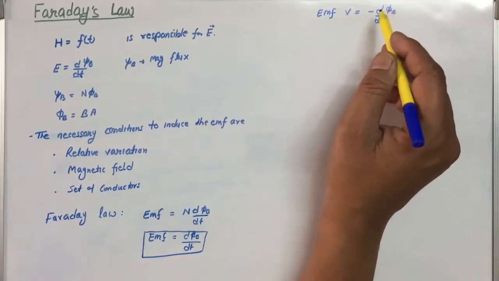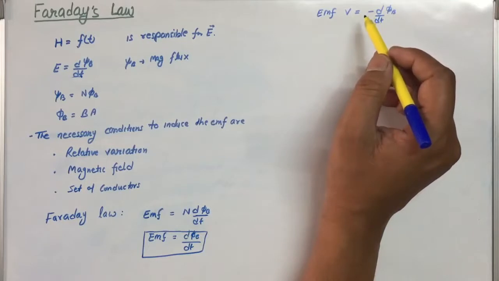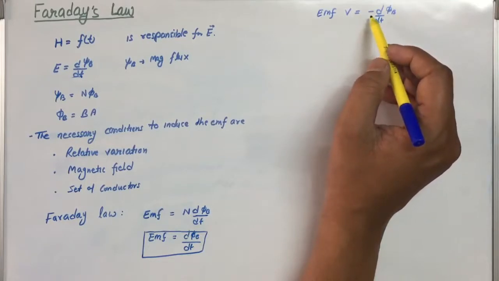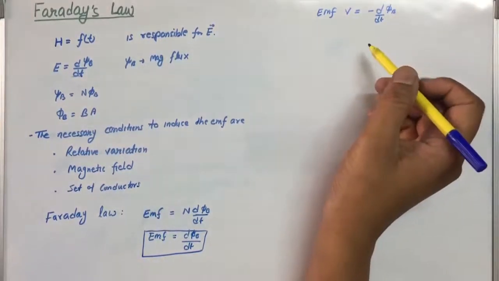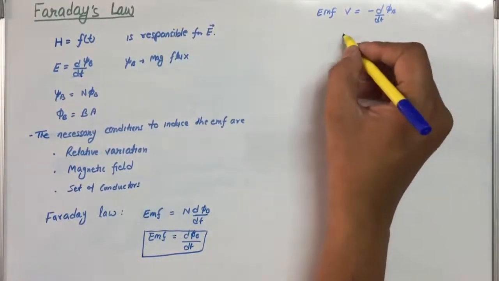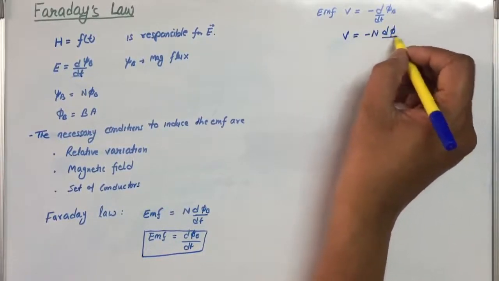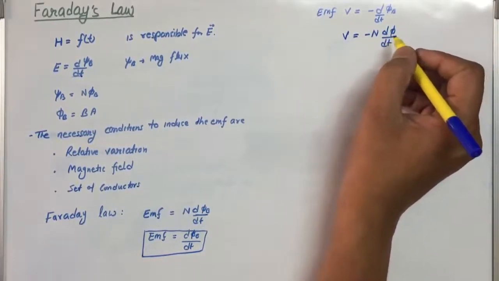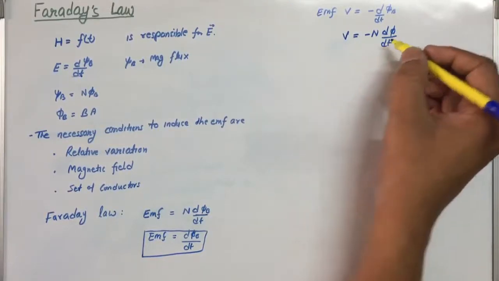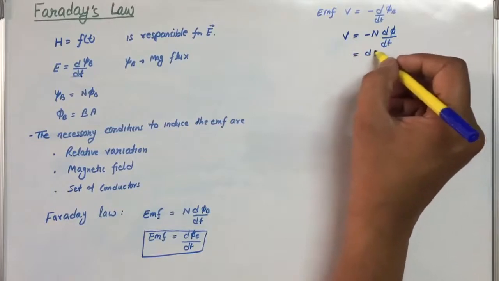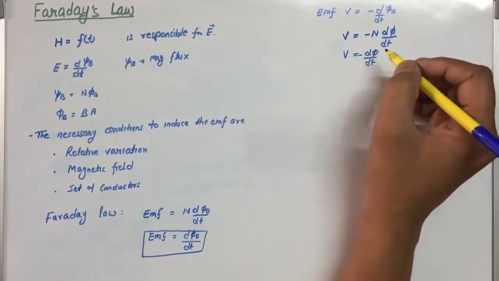Okay, so in this way, he explained the placement of the negative sign. That is how the effect opposes the cause. And from here, we can write n d phi over dt. Assume n is equal to 1 again. Then we can say d phi over dt, that is V.